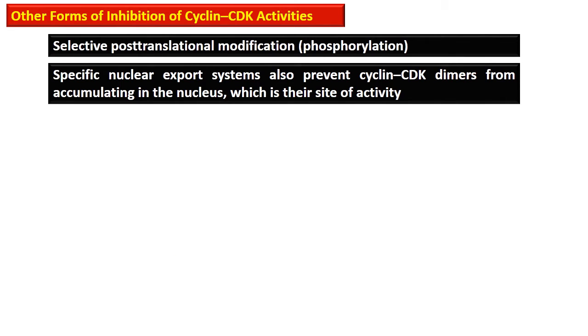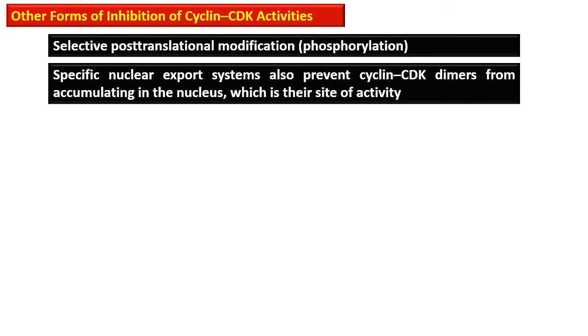Besides these cyclin-dependent kinase inhibitors, or CKIs, there are other mechanisms of inhibition of cyclin and cyclin-dependent kinase activities. One of these is selective post-translational modification, in which there is phosphorylation of some of the cyclin-dependent kinases and their inactivation.